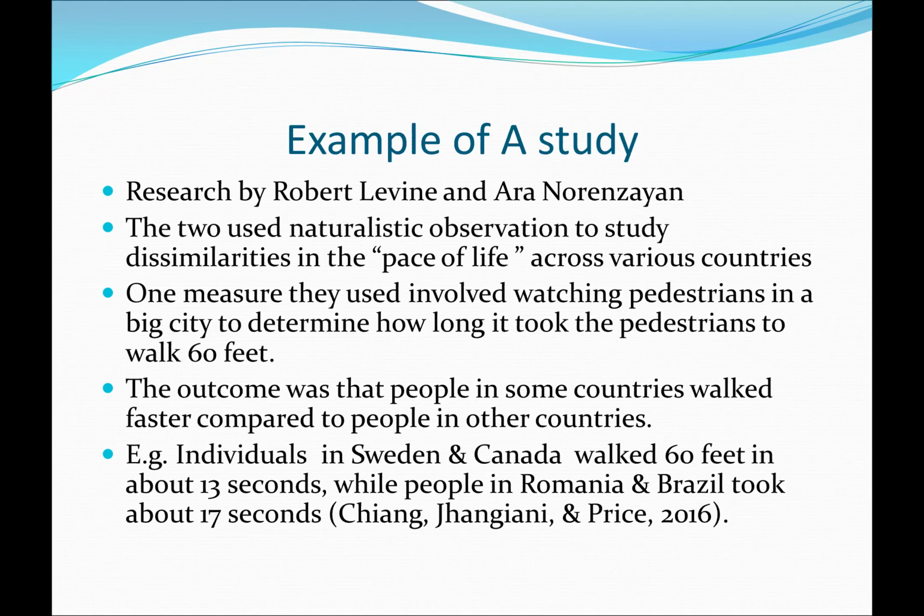So Levine and Norenzayan, the researchers from this particular study, described their sample as follows. Male and female walking speed over a distance of 60 feet was measured in at least 2 locations in main downtown areas in each city. Measurements were taken during main business hours on clear summer days.